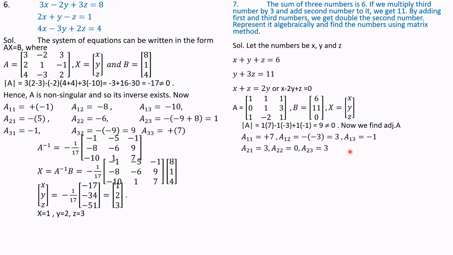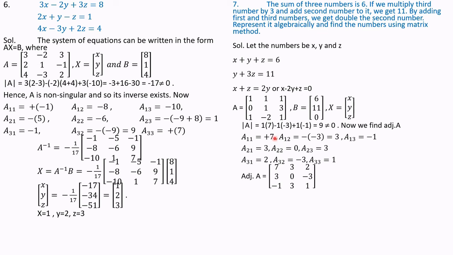I have given the simplified values so that you can copy and calculate yourself. This is example number 7. A21 is 3, A22 is equal to 0, A23 equals 3. A31 is equal to 2, A32 is equal to minus 3, A33 is equal to 1. Therefore, adjoint A before transposition has first row 7, 3, minus 1.